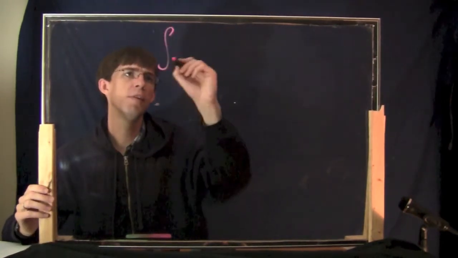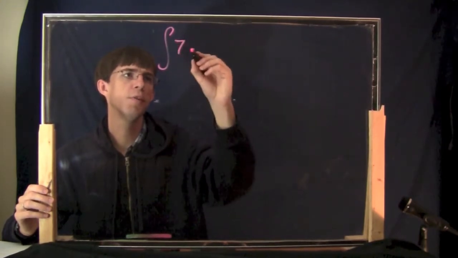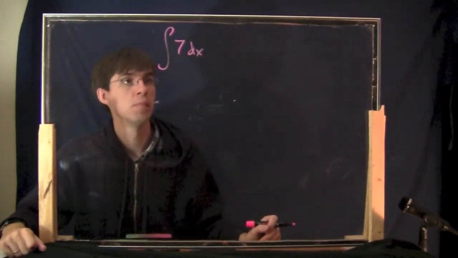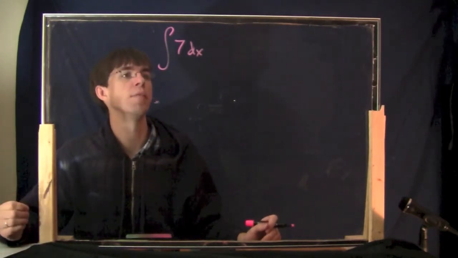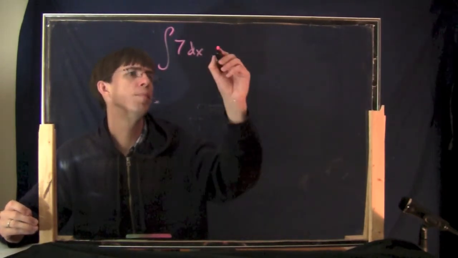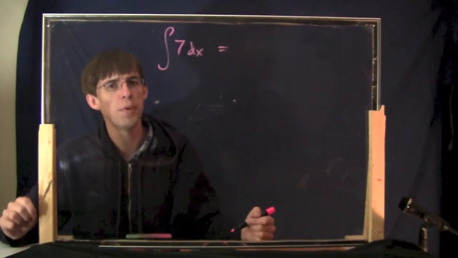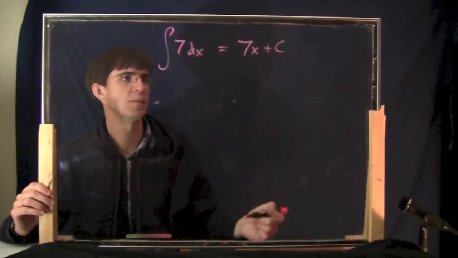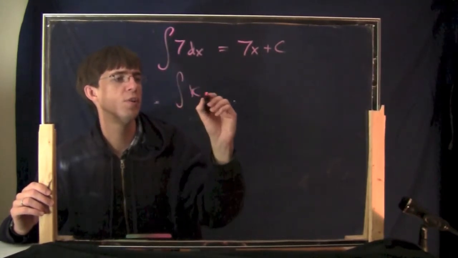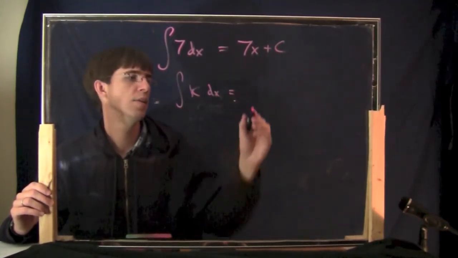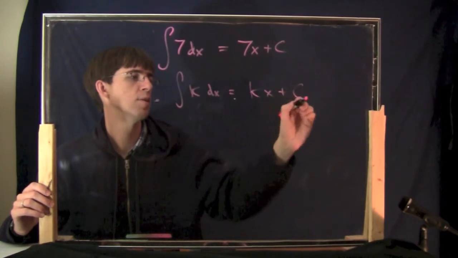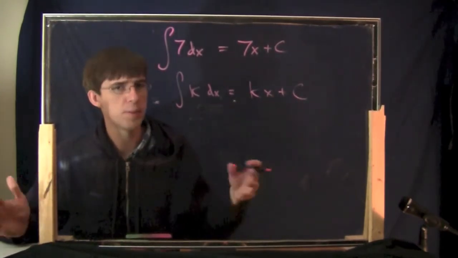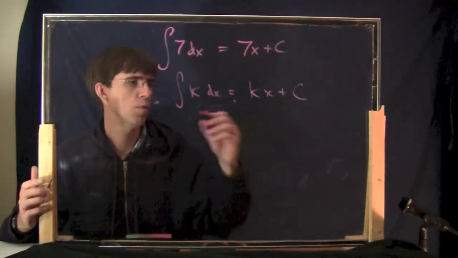One more thing we should probably talk about, although it's not too complicated, but it comes up a lot. What is the integral of just a constant, like, say, the integral of 7 dx? Well, what is it? I want a function whose derivative is equal to 7. That would be 7 times x, and then plus c. So whenever you have the integral of just a constant dx, the answer is kx plus c. All right? Again, this is worth memorizing, but you're going to do it over and over again, so you probably won't have to.